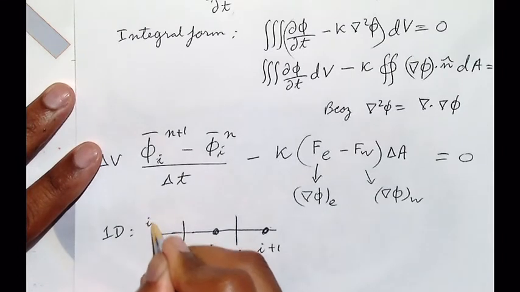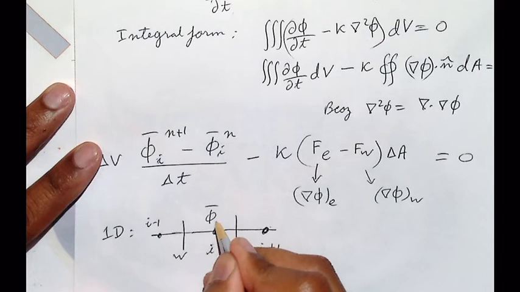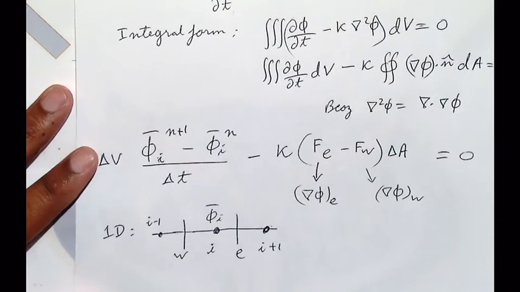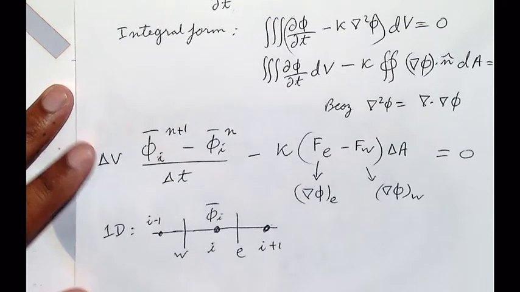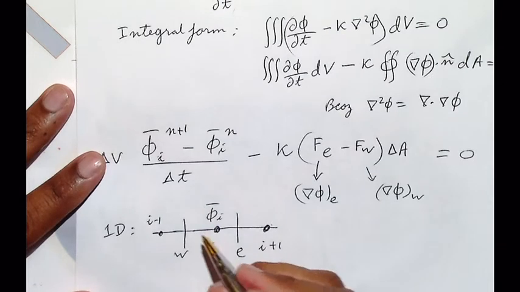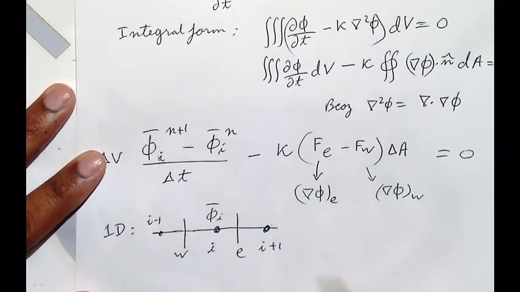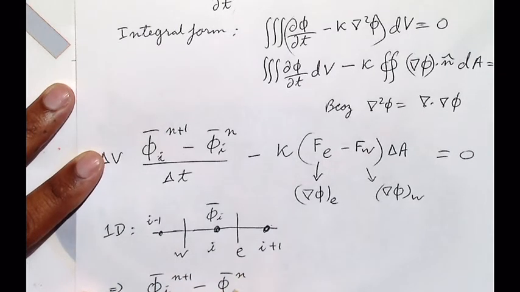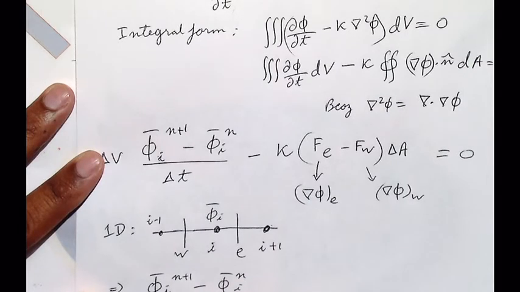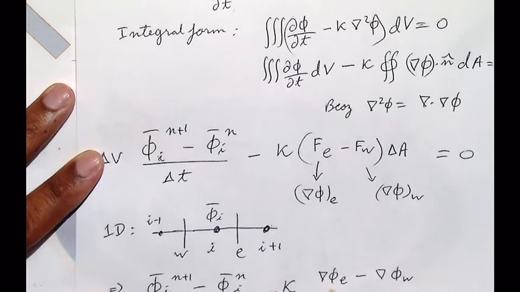And we have an I minus 1, and here we store phi bar I. So I'm just rewriting: phi bar I n plus 1 minus phi bar I n over delta t, minus kappa times nabla phi east minus nabla phi west over delta x, equals 0.